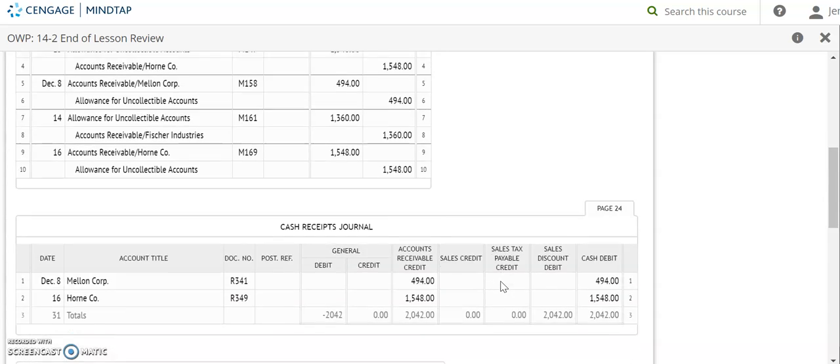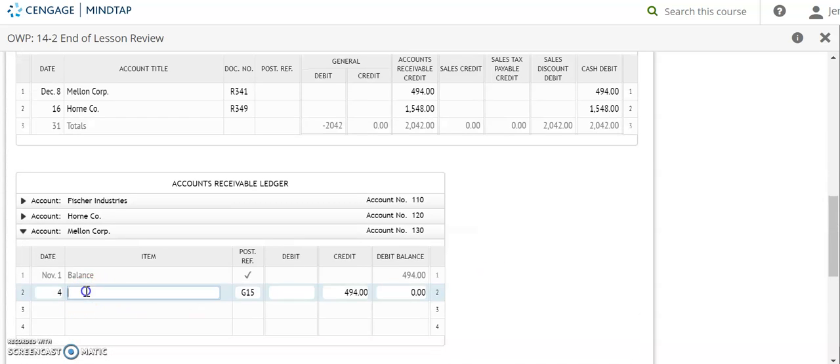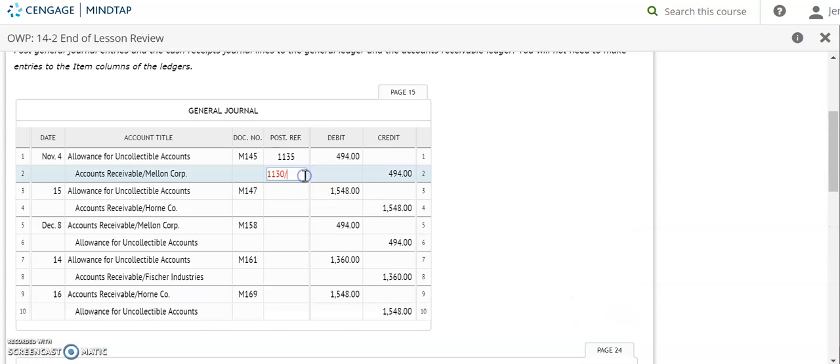When we would post this, because they did not actually pay us, and right now it looks like they paid us, we would be putting in here written off. So this is where I'm a little disappointed that they don't have us actually put that in there, because we should be writing written off. When we look at this right now, it looks like they paid us, and that is not the case. Okay, I'm going to bring my account number 130 back up and put that in.